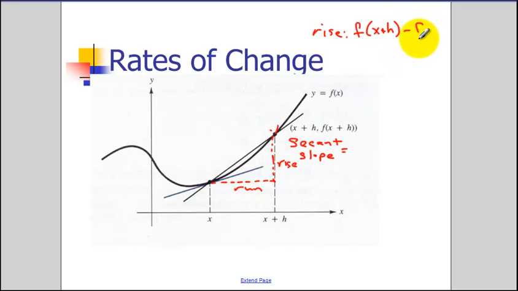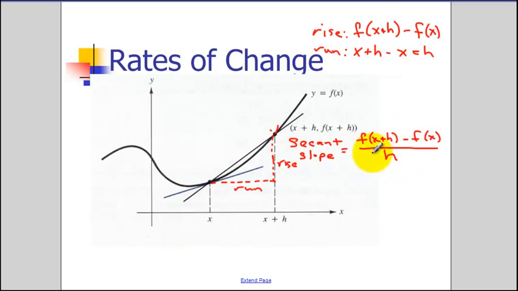So our rise is that, and our run is the distance between these 2 points. The x2 is x plus h, and we have to subtract that x sub 1, and if we simplify that we get h. So the slope of our secant line, being rise over run, would be f of x plus h minus f of x, all over h.